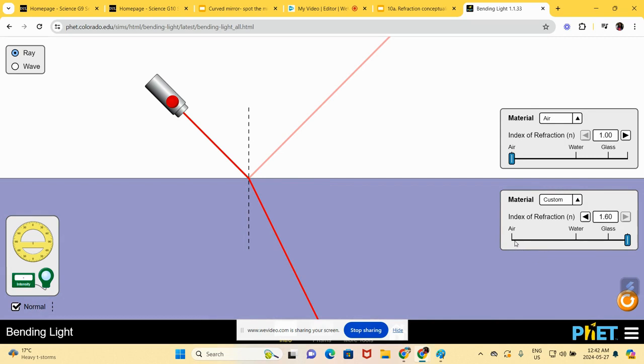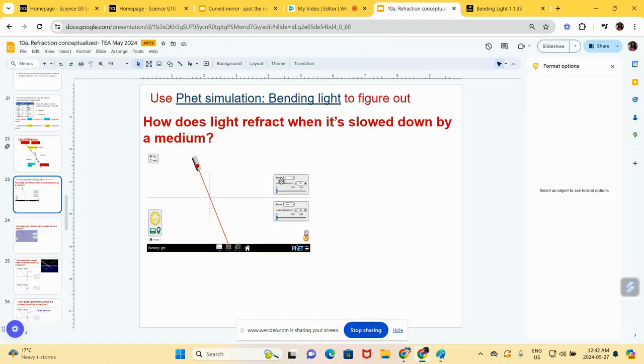Okay, so as I move the refractive index, as I change it from air to whatever other material, water, glass, custom, these materials have a higher refractive index than air. So they have the ability to bend light further than air and thereby slow it down. Please go ahead and draw your conclusion on our slide deck here.